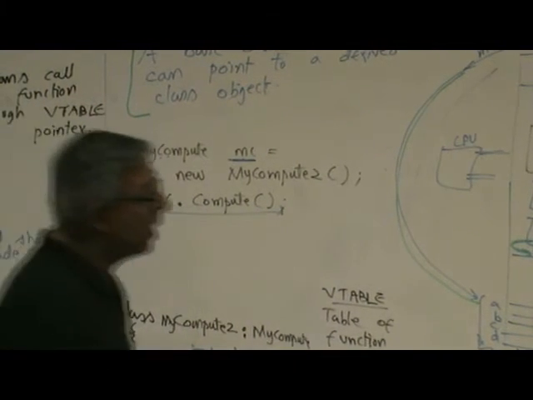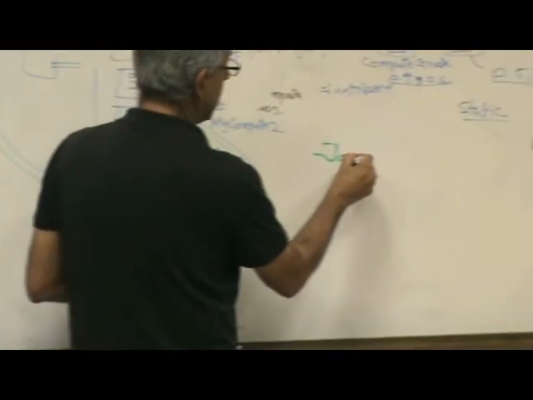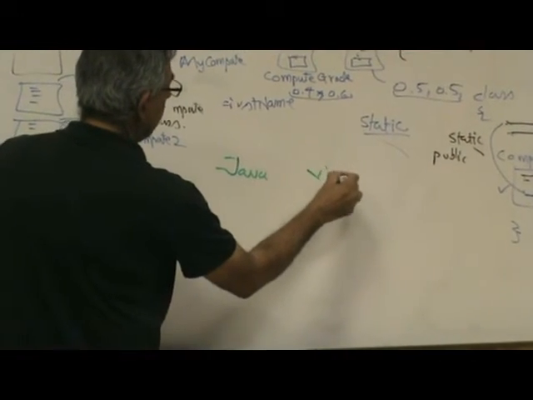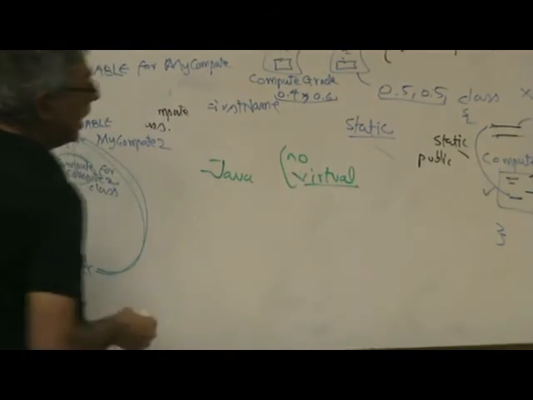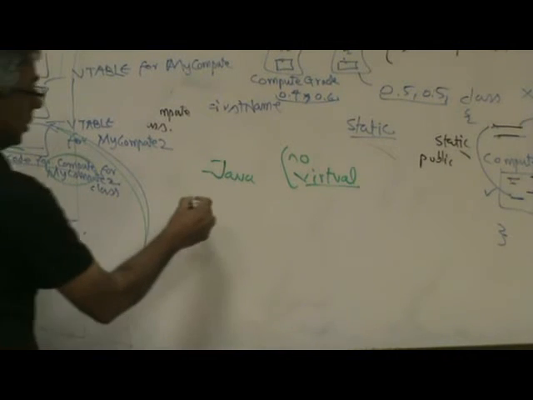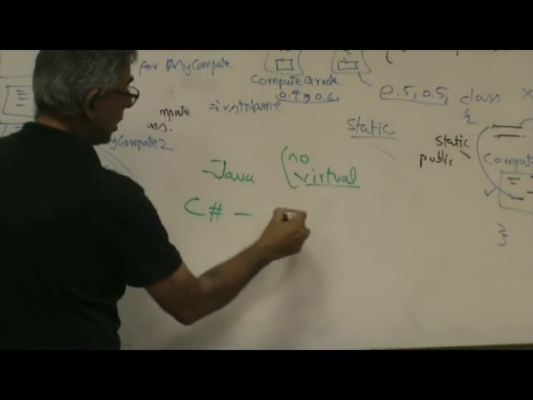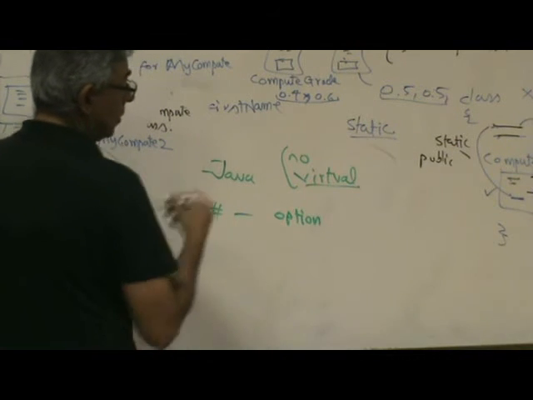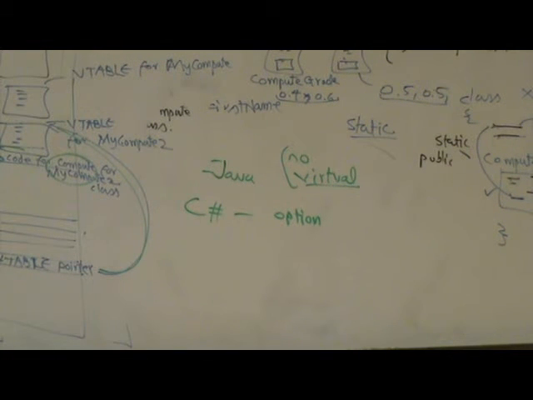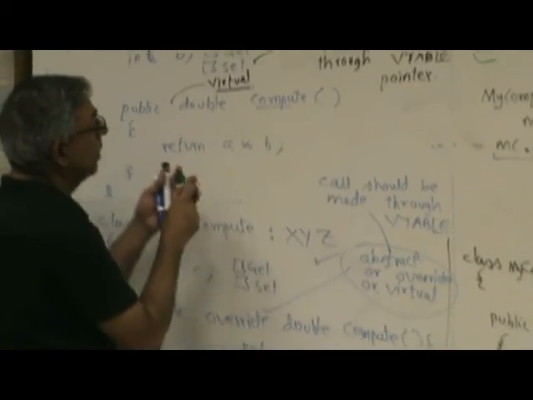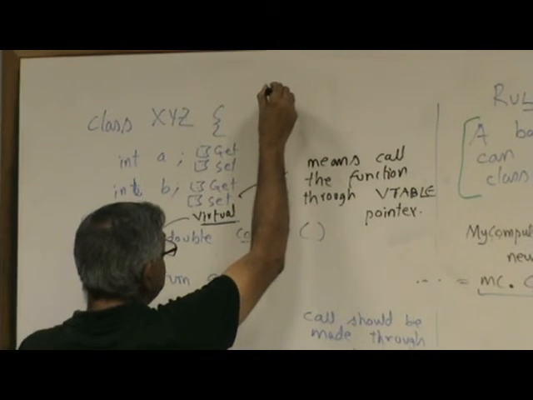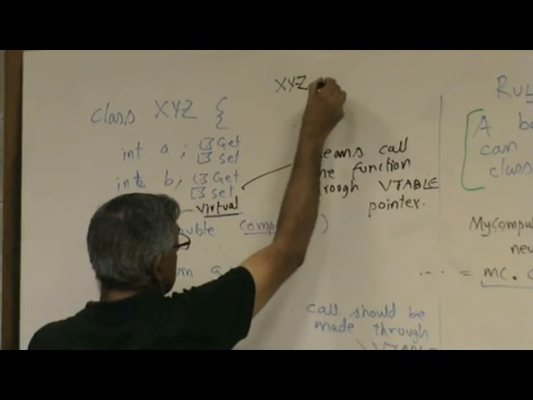Okay, so now very briefly, how come Java does not have the virtual keyword? For those of you who have done Java programming, there is no virtual keyword in Java. Why does C# give us an option to use the virtual keyword or not use the virtual keyword? So the answer goes like this. Remember, if we did not use the virtual keyword, for example, suppose I did something like this.